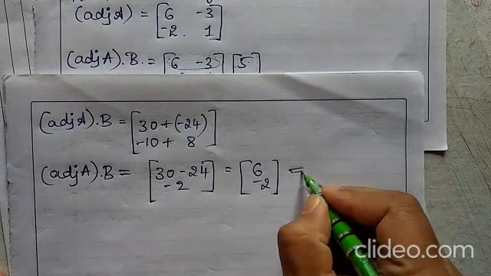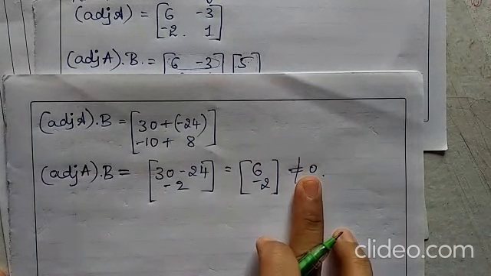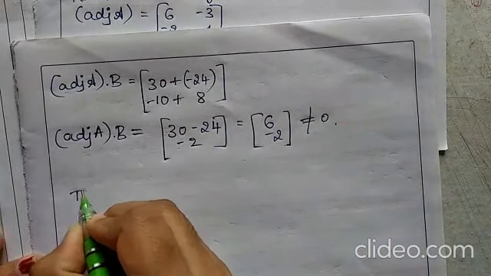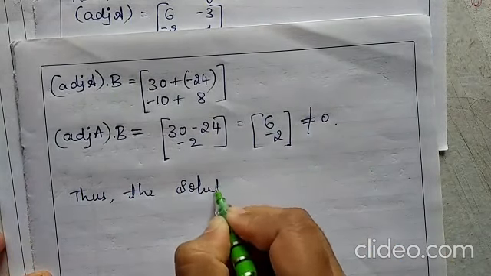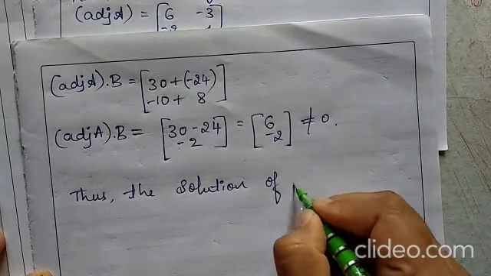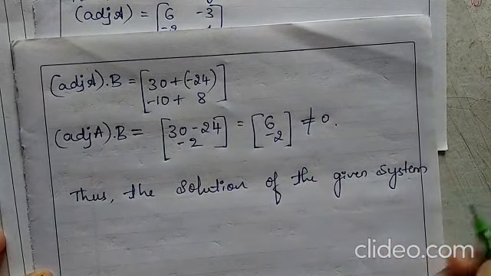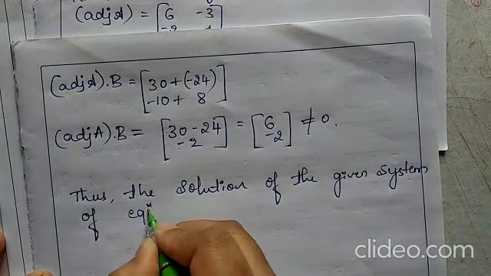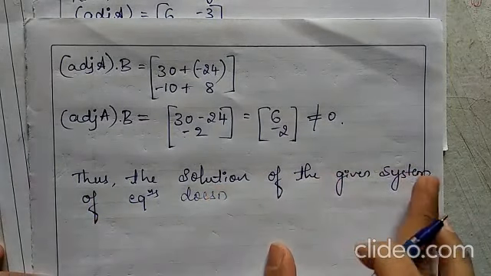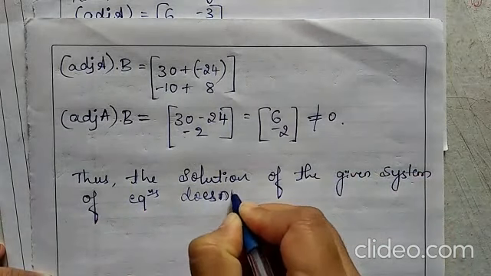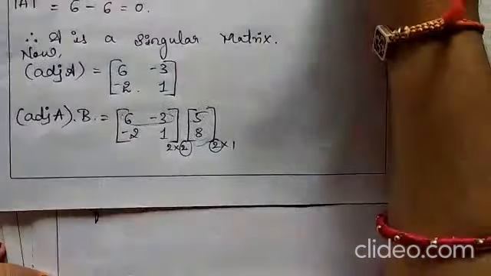So it is not equal to 0. If it does not equal 0, we can write: thus the solution of the given system of equations does not exist, because it is an inconsistent system.